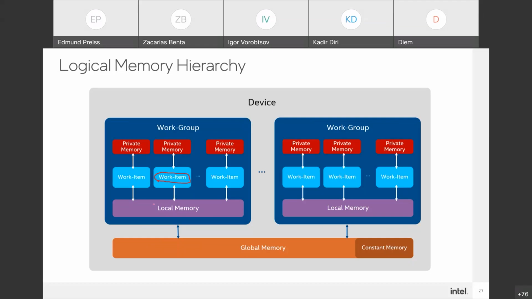It can access the local memory, or so-called shared local memory, which is available to all work items in one work group. And there is a global memory. It's obvious that the private memory is the fastest and smallest, then the local memory, and then the global memory. This mechanism with work groups also allows you to care about these multiple levels of memory available on the devices and write your code more efficiently.